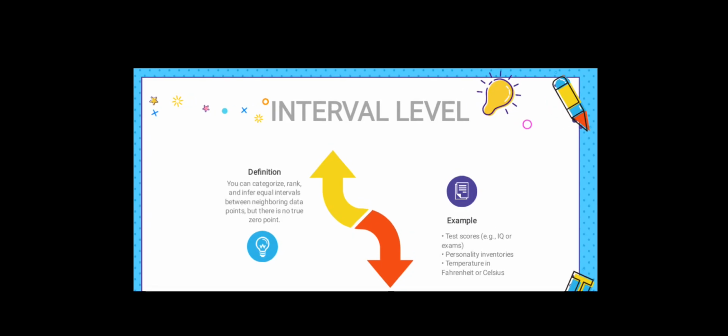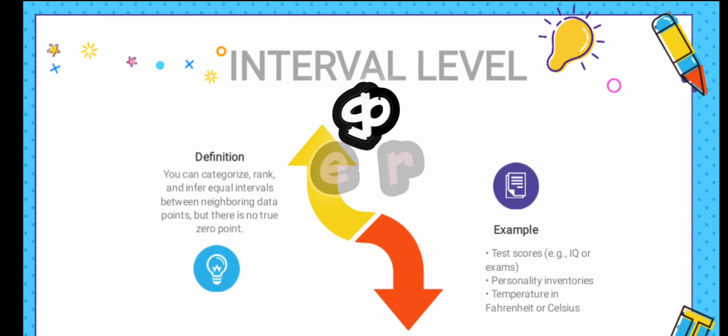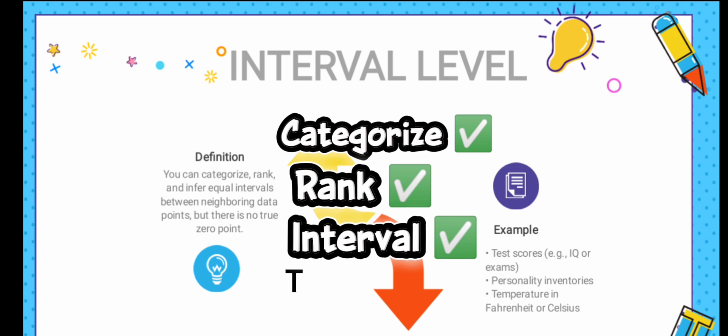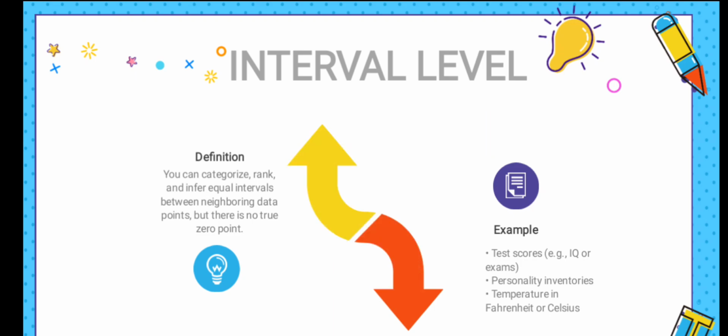In interval level, you can now categorize, rank, and infer equal intervals between neighboring data points, but there is no true 0 point. The difference between any two adjacent temperatures is the same, 1 degree, but 0 degrees is defined differently depending on the scale. It doesn't mean an absolute absence of temperature.